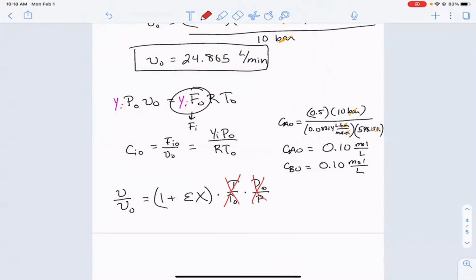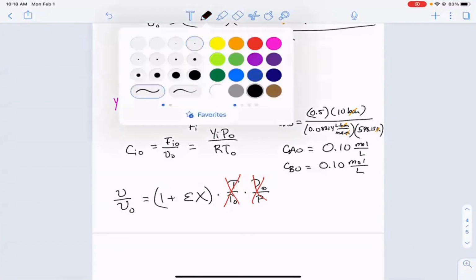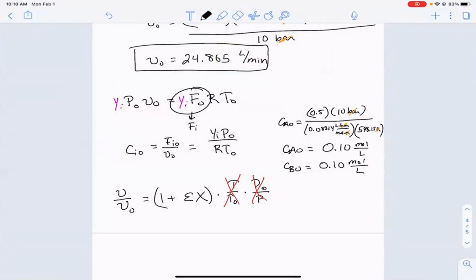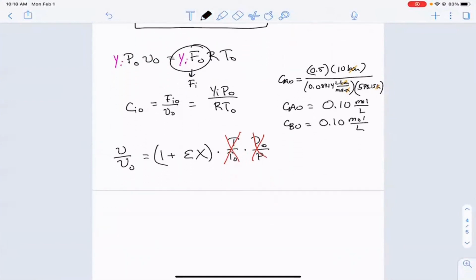You will get a couple of homework problems on it, but we won't extensively discuss non-isobaric reactors in class. We will lift the assumption of isothermal quite a bit as we move forward. So just to give you a heads up for what's coming. So we're left with this expression where V over V0 is 1 plus epsilon x. It's a very common place for us to get to.